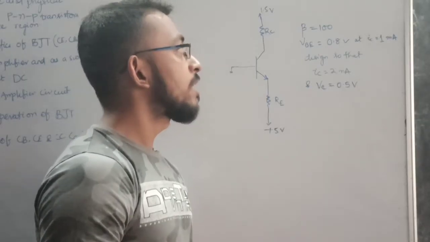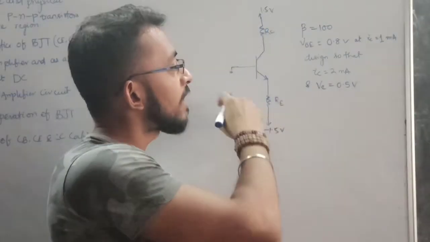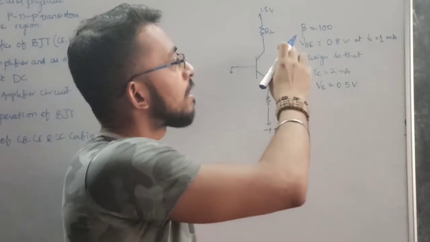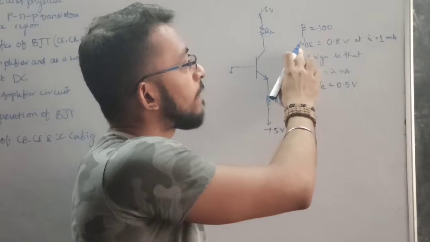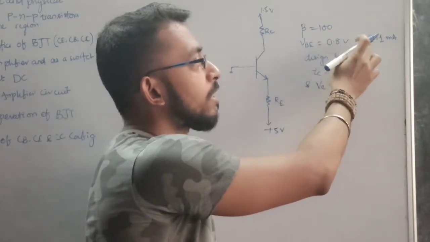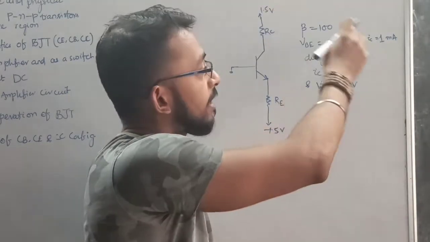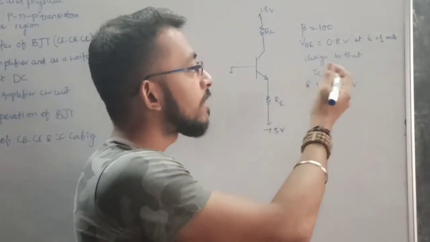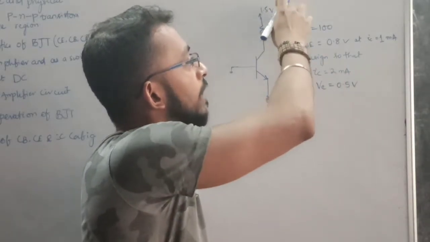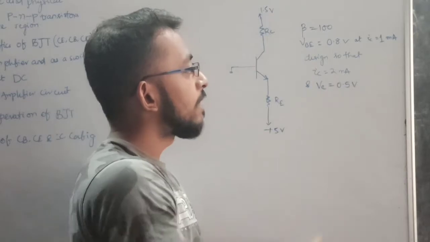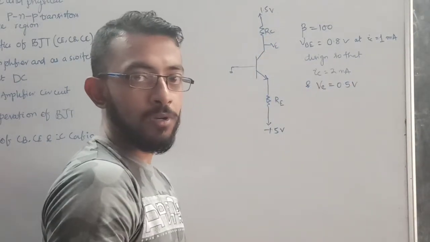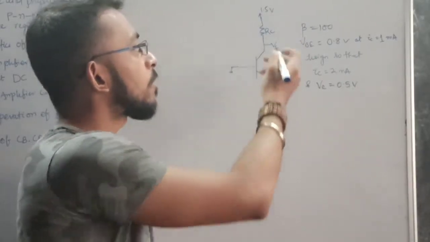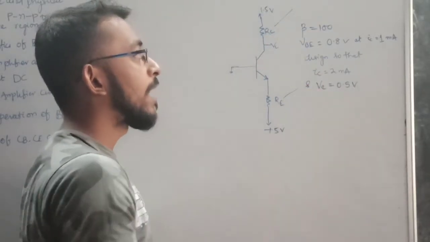In the question, it is given that you have to design a transistor in which the beta value is 100, VBE is equal to 0.8 volt at collector current IC equal to 1 milliampere. You have to design a circuit so that a 2 milliampere current will flow through this IC and a voltage VC whose value should be 0.5 volt. So we have to design, means we have to find the value of RC and the value of RE.